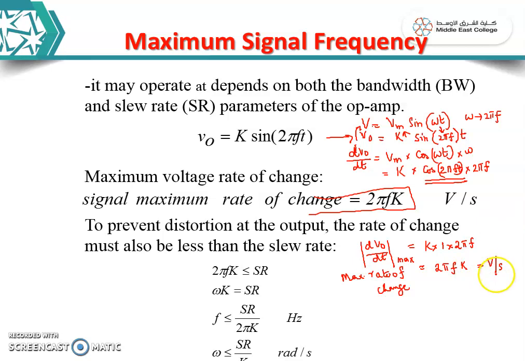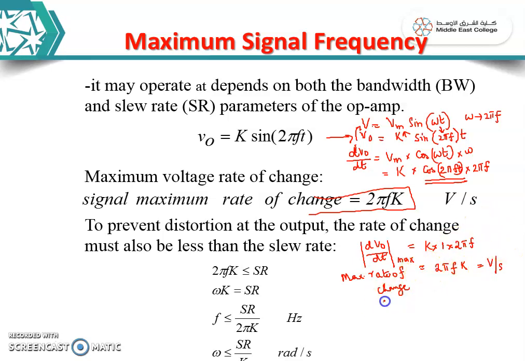Okay. Now, if you want to prevent distortion of the signal at the output, we saw what is distortion. Distortion is a change in the expected output. That means the output will have a change in shape. So to prevent distortion at the output, the condition that we have to follow is that the rate of change of the signal should always be less than the slew rate.